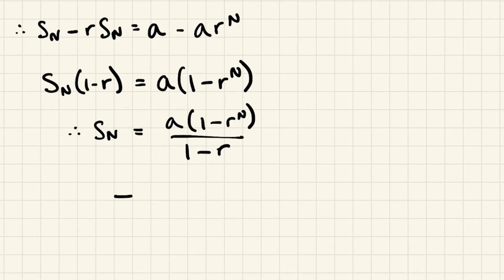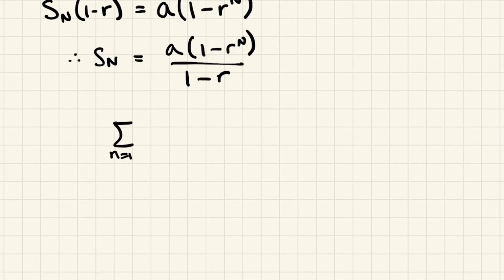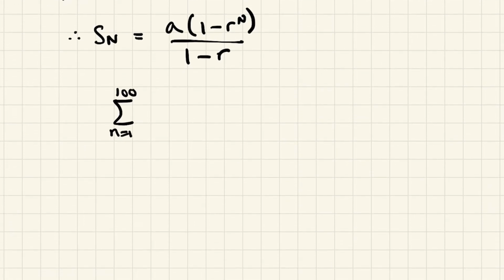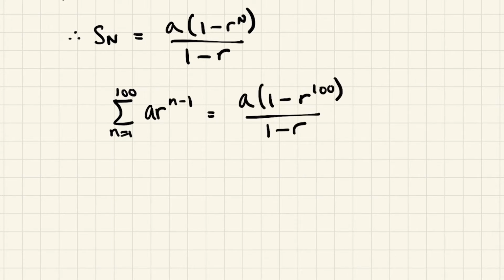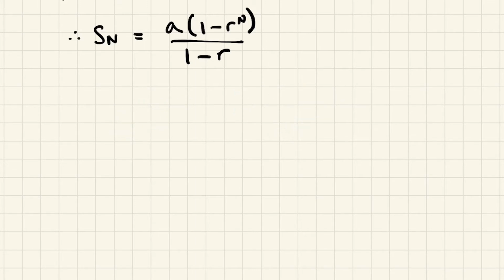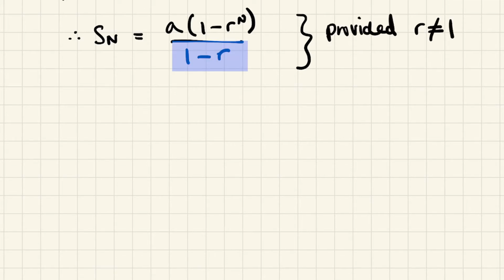It means exactly this: if you want to add up the first 100 terms of some geometric series, then it's exactly equal to this, for whatever values of a and r you want. Note that this only holds provided that r is not equal to 1. We'll worry about that case later.